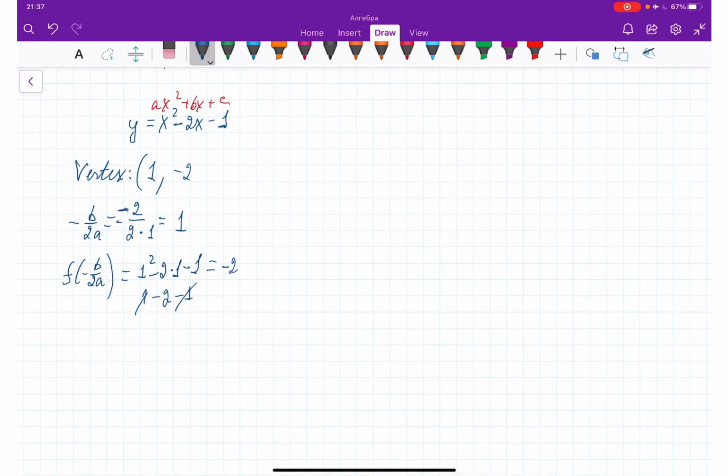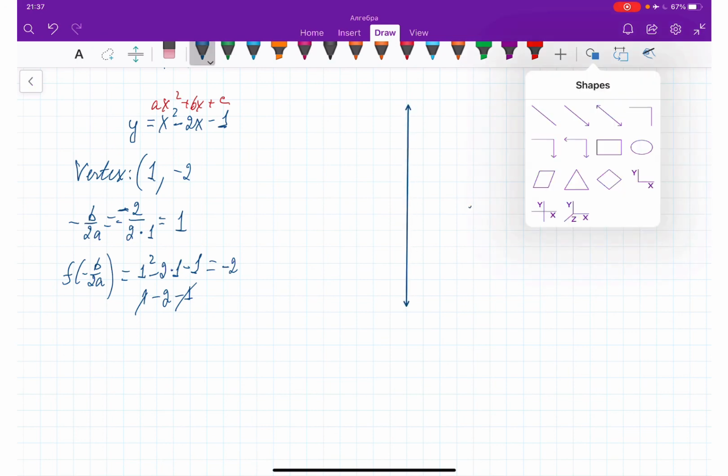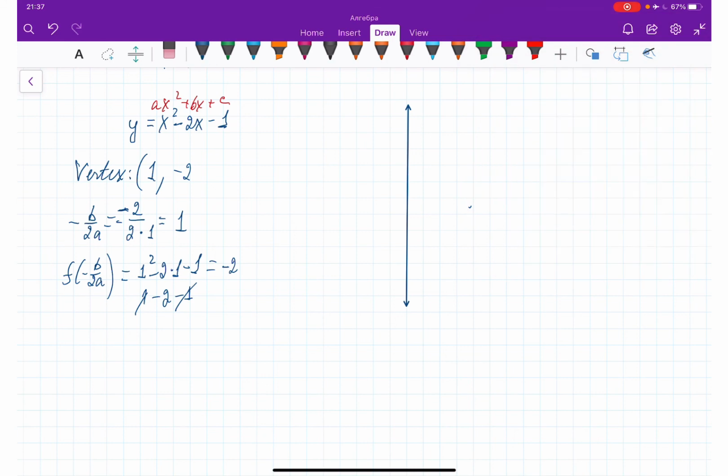Let me draw the graph. Let's find the x-intercepts. Okay.